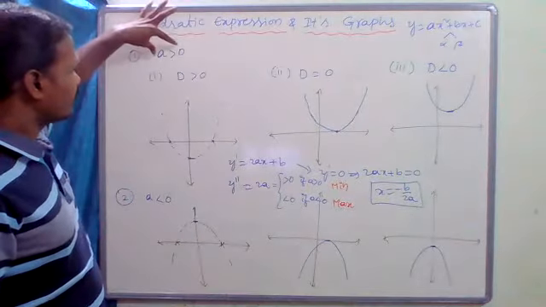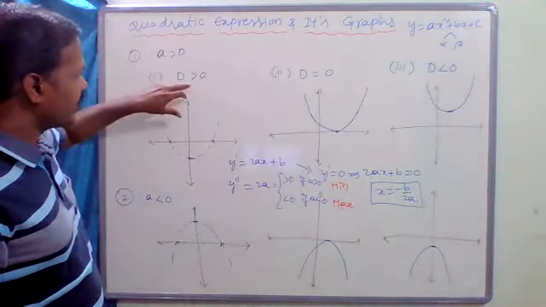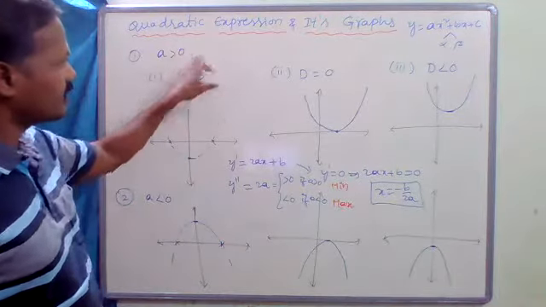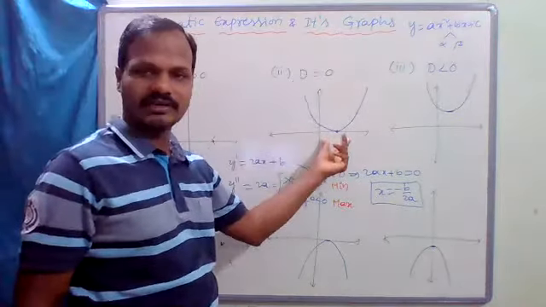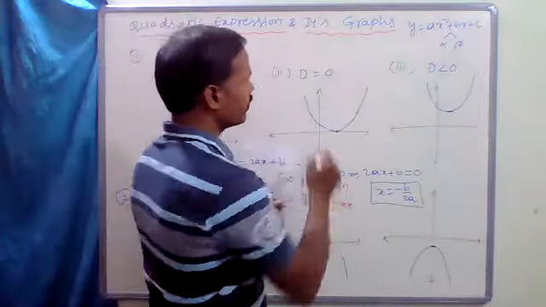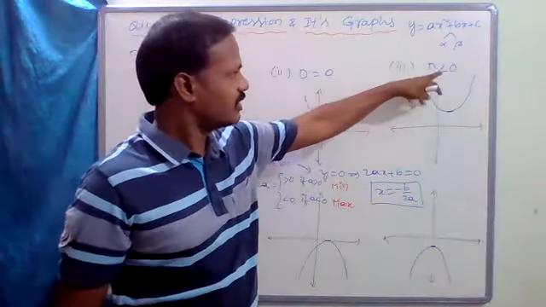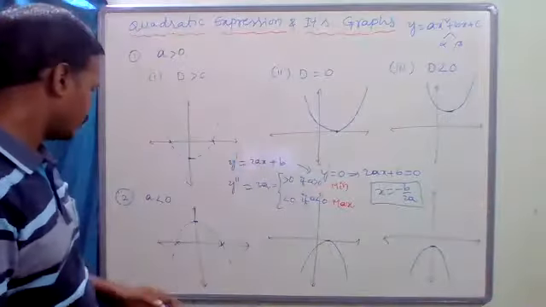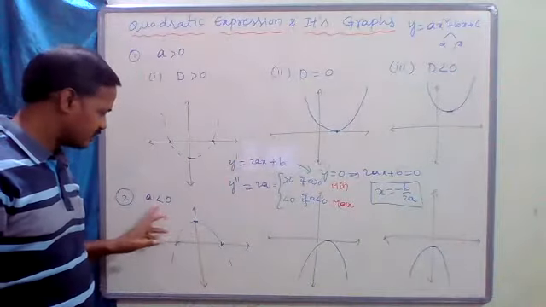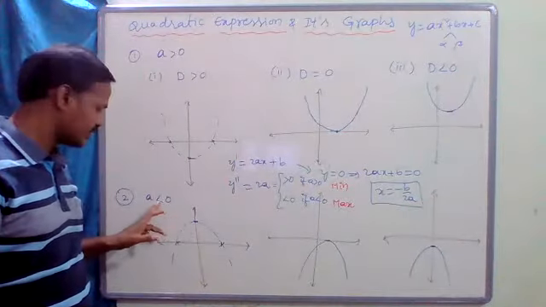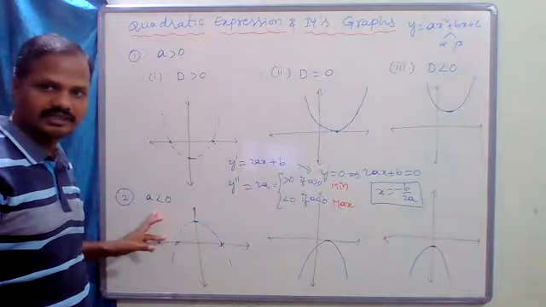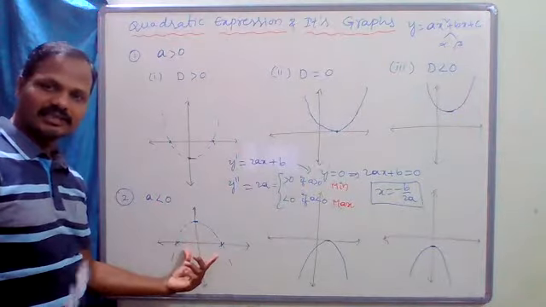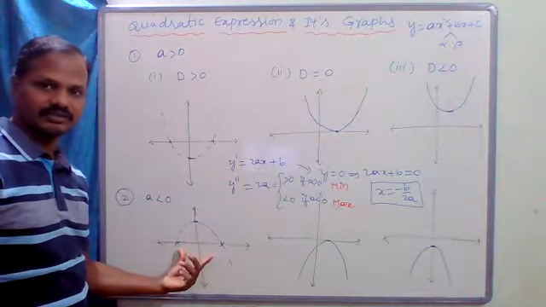See, a greater than 0, D greater than 0: the graph is like this. A greater than 0, D equal to 0: the graph is like this. Next, a greater than 0, D less than 0: the graph is like this. Now if the graph is like this, a is less than 0 because it has a maximum, and it cuts the x-axis at two different points, so D is greater than 0.